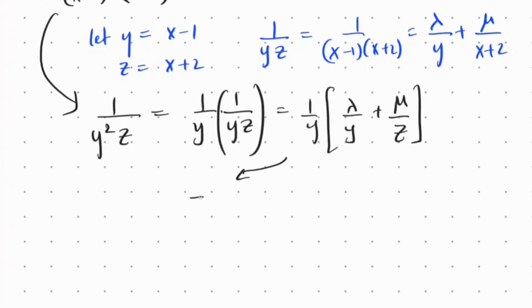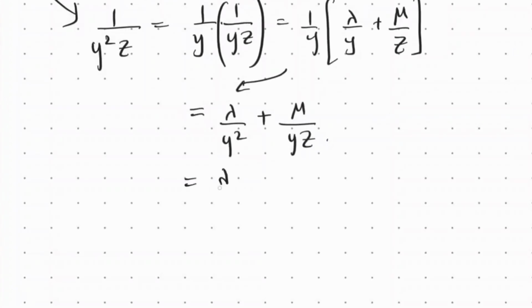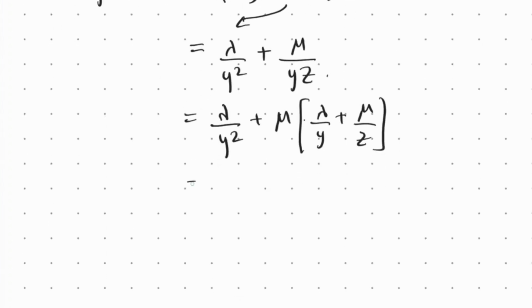Okay, I'll put it here and simplify. 1 over y times lambda over y is going to be lambda over y squared, plus mu over yz. Now again, you see, if I take the mu out, I have 1 over yz. 1 over yz is lambda over y plus mu over z. So our final answer is going to be 1 over y squared times lambda, plus mu lambda over y plus mu squared over z.